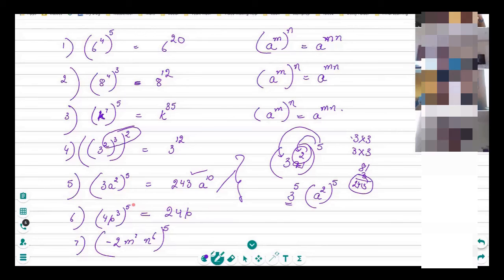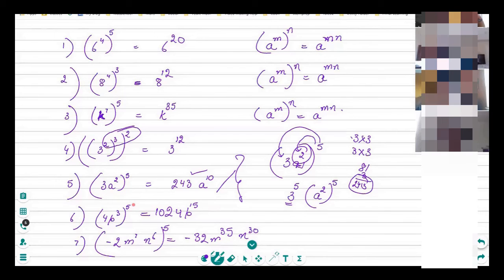Yes, 1024 makes sense. And what is the answer for this one? Negative 32, m^35, and n^30. Okay, good job. You have got the concept.